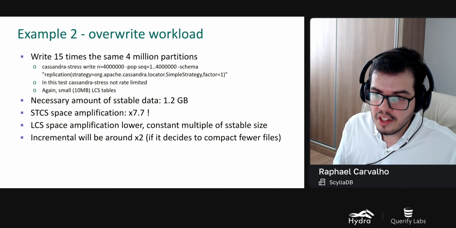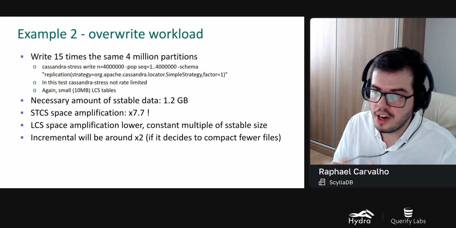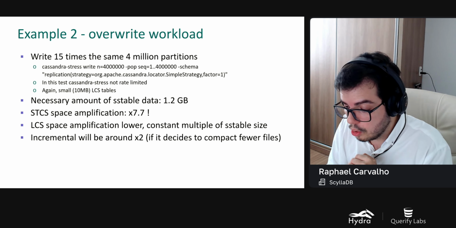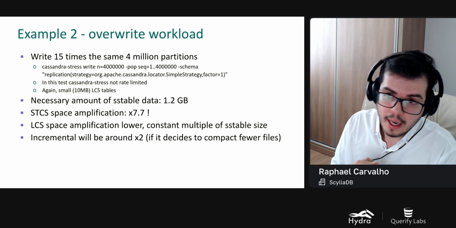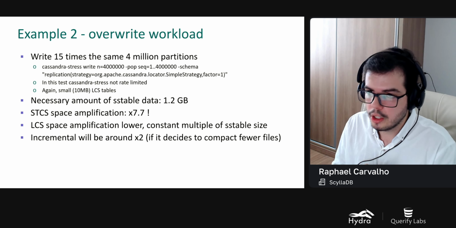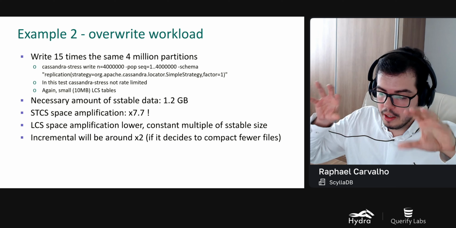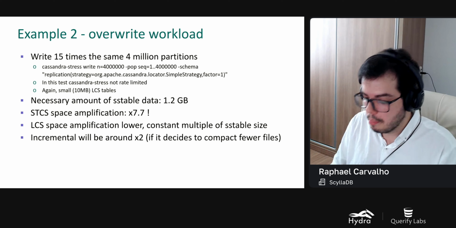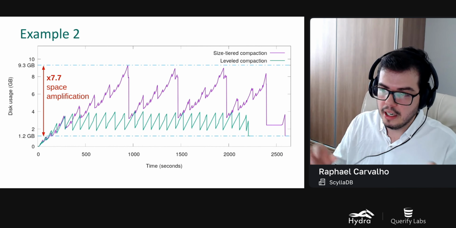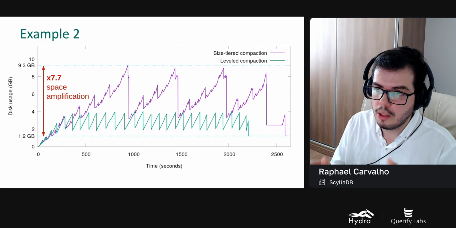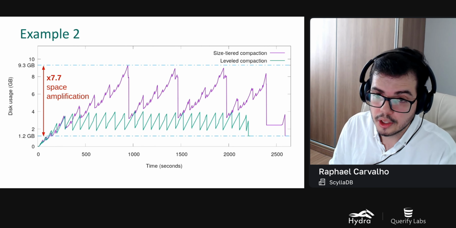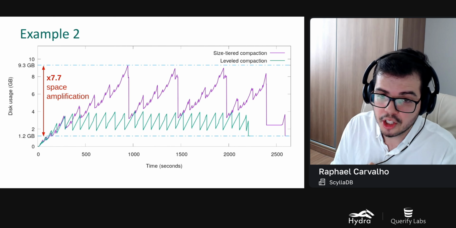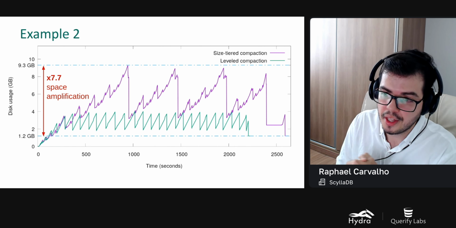So overwrite intensive workloads would be the worst case scenario for tiered policy. So you may consider switching to leveled policy, but then we introduced the hybrid policy, which would be between the tiered policy and the leveled policy in terms of amplification factors. It's an alternative that could suit your use case better. So this demonstrates that the tiered policy could be really bad at space amplification when we have overwrite intensive workloads.